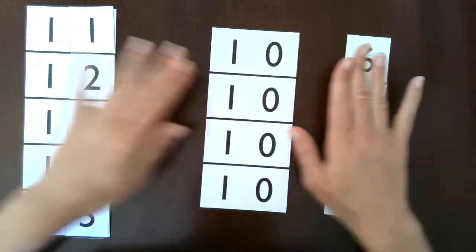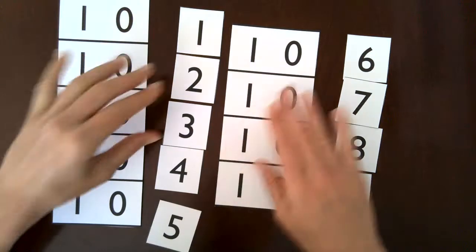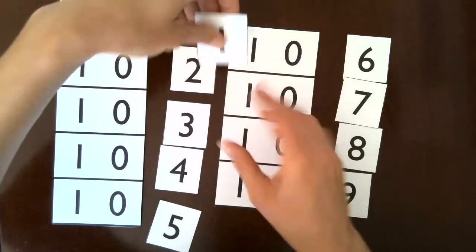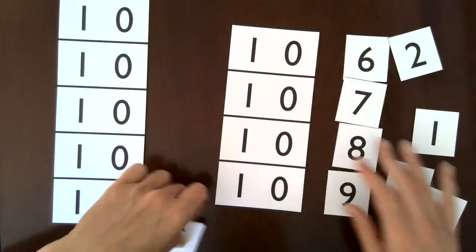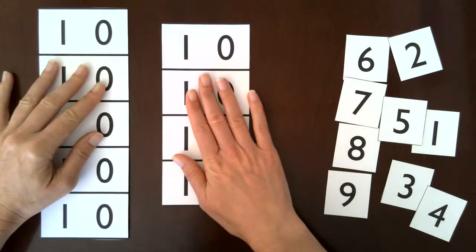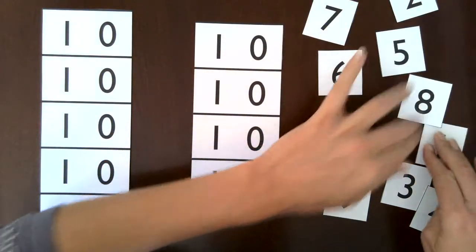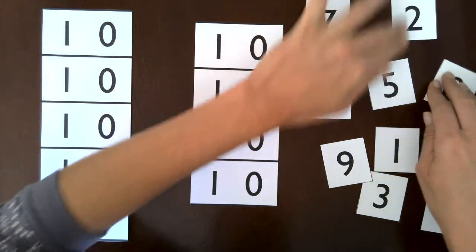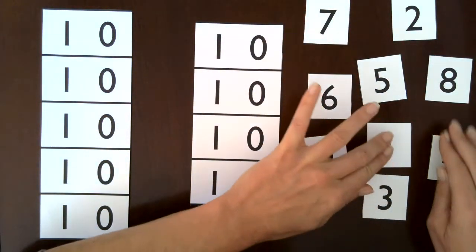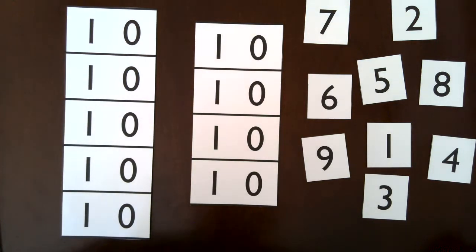Now for the second period of the lesson, the teen boards are in one section, and these number cards can be in mixed order. And you can ask the child, can you show me how to make 18?